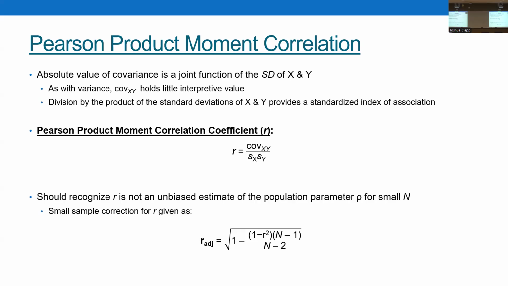And so if I'm working with a small sample, we can apply an adjustment to that Pearson correlation to help bring it closer to what the population value is likely to be. Again, this is just an adjustment based on sample size.